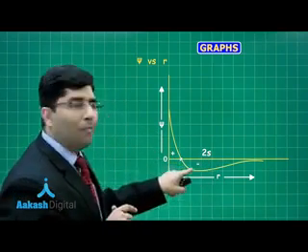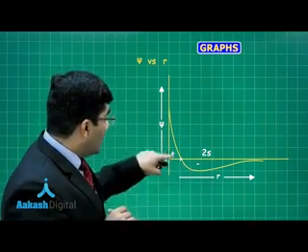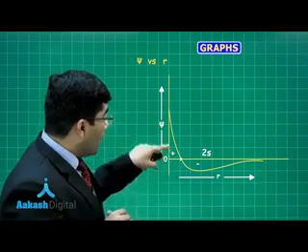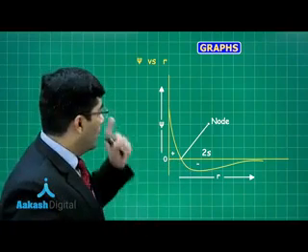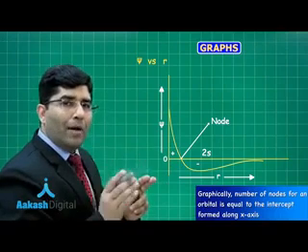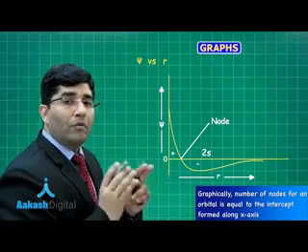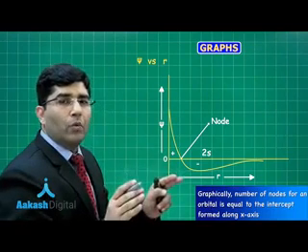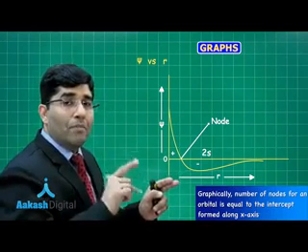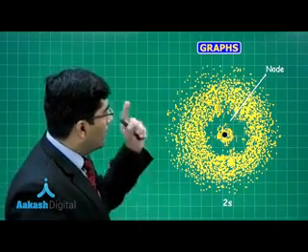What these plus and minus signs are, we will discuss later on. Let's discuss this point. This point is called a node. Now what is a node? A node is the point or region or place where the probability of finding the electron is 0. And we know that there is a gap between the K shell and the L shell, and I'm talking about this gap.